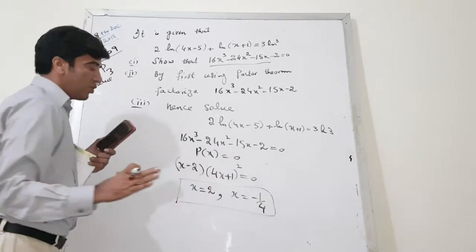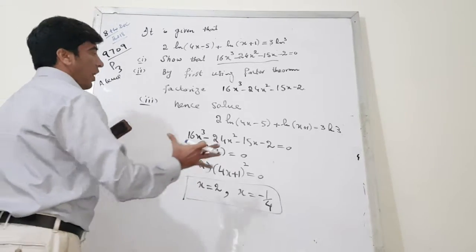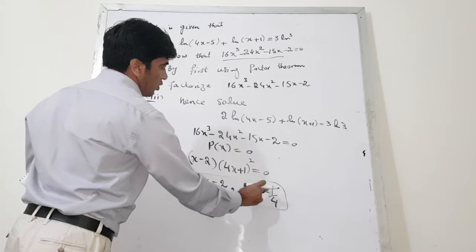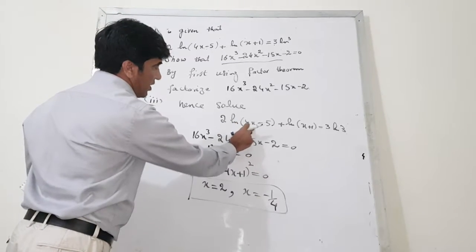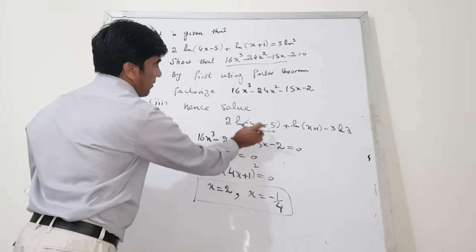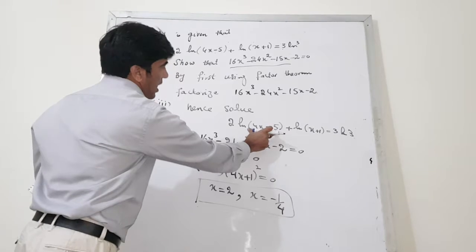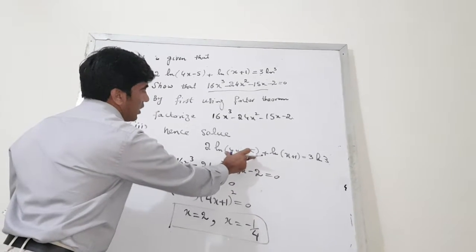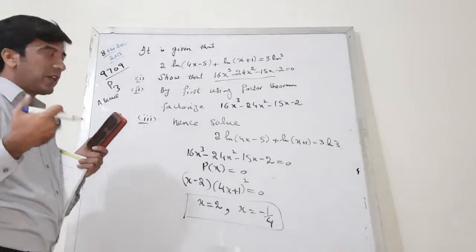You have to choose the value of x which satisfies the given equation. Look, if you take x = −1/4 and plug this value of x there, you will see that you have a negative number inside the ln. That will not exist because logs are not defined for negative numbers.